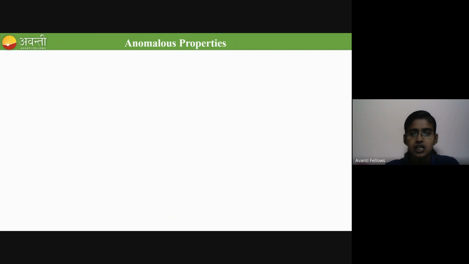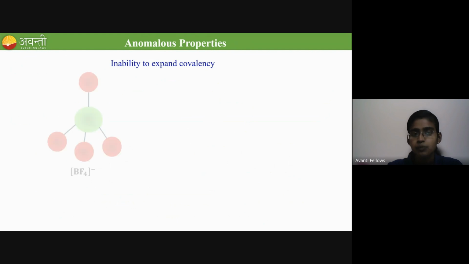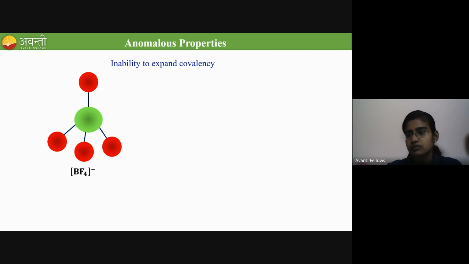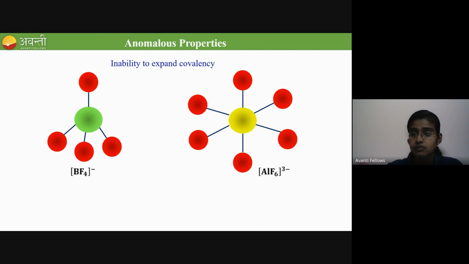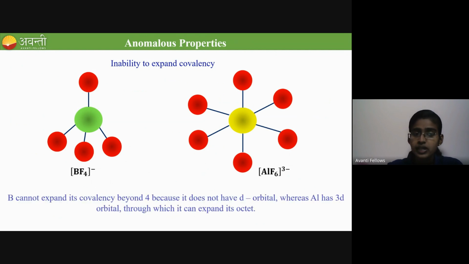Okay, now coming to some more information about this. The second period elements have the inability to expand their covalency. Because of the absence of d orbital, the second period element can form only a very small number of covalent bonds. For example, if I take boron, BF4 minus, boron is forming only 4 bonds. But the boron group member aluminium is forming 6 bonds. Why can boron not expand its covalency beyond 4?